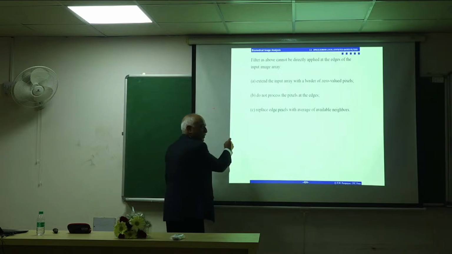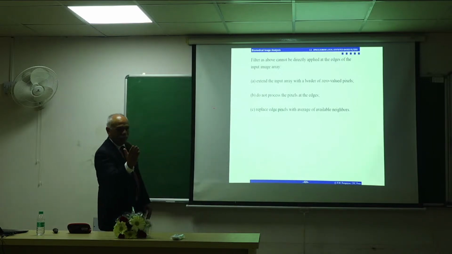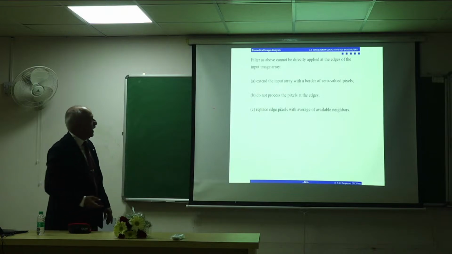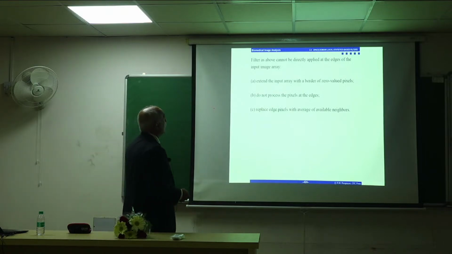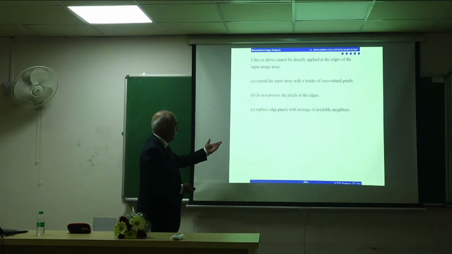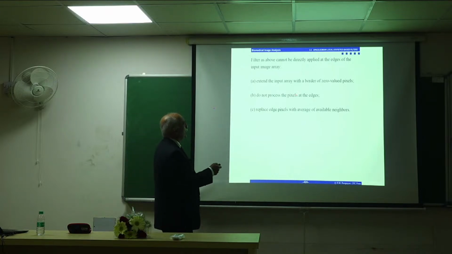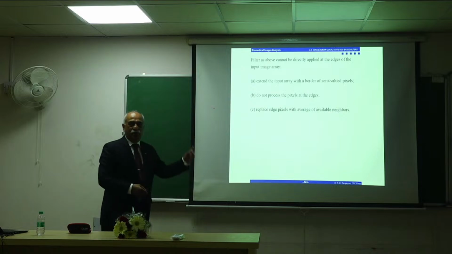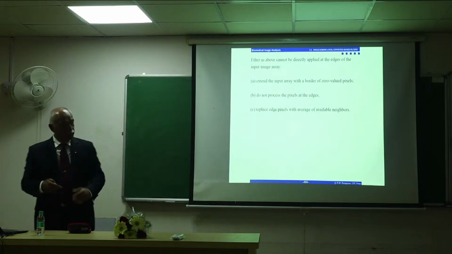I'll use only those neighbors, half of the window, and process. So that'll give you perhaps a passable result. So you may extend the input with a border of 0 valued pixels, which is effectively what I said. Or you do not process, but that leaves noise. Replace edge pixels with an average of available neighbors, which may be a better option.